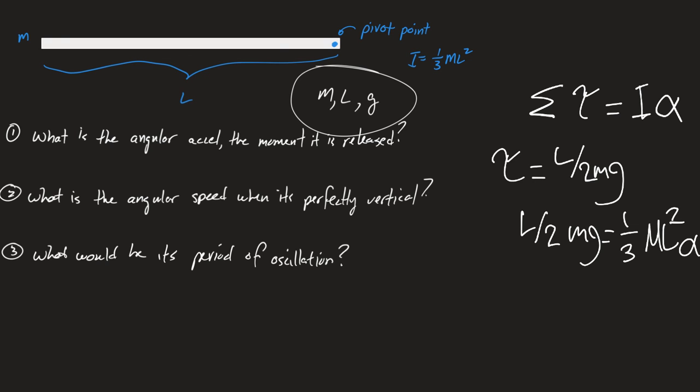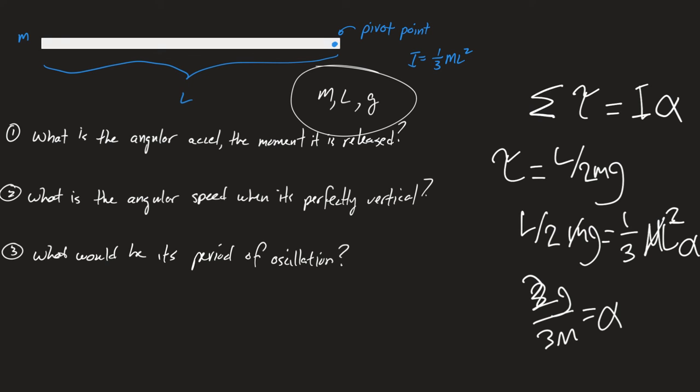Okay, so you can cancel out the m's. You just give us a final answer. So that's going to be 3g over 2L.